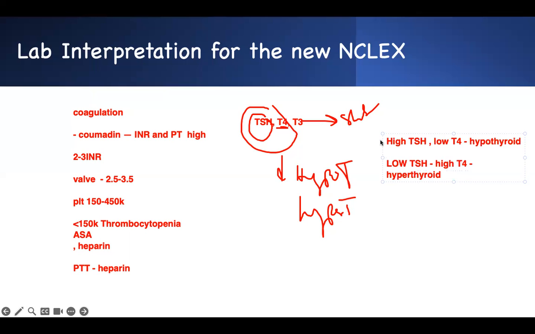Once again, what I'm trying to let you know is when you're doing a case study, they give you a bunch of words, make the diagnosis from your case, and use the lab work to confirm it. You don't have to memorize every lab work. Look at it and say, is this high or not? Is it confirming my diagnosis? If it's high or low, am I using that to rule out other ones?